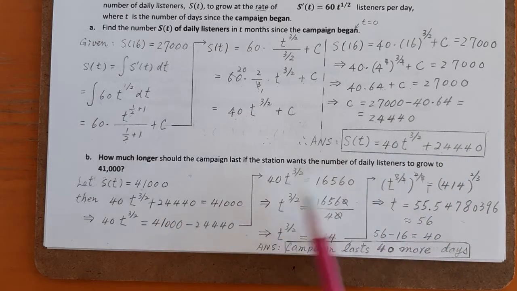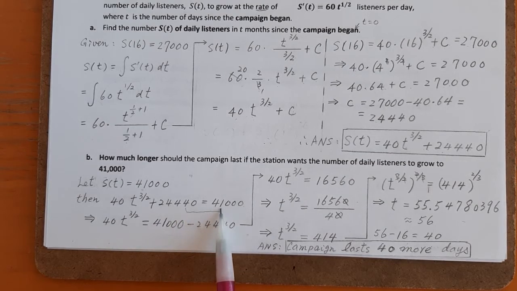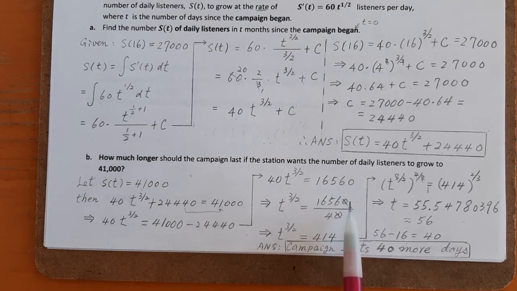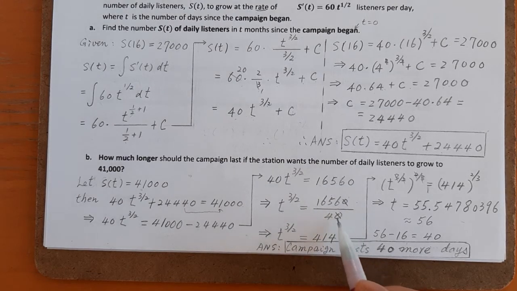Let that equal 41,000 and solve for T. Move over, change the sign to subtraction. The subtraction gets 16,560, then divide by 40 on both sides, cancel the 0, divided by 4. So T to the power 3 over 2 equals 414.